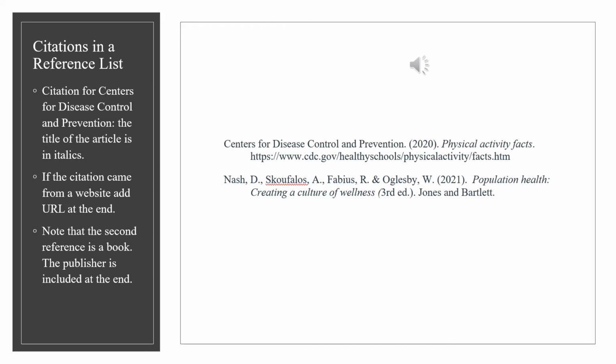I am not going to try and pronounce the names, but we have 4 authors. Following that, the year, and then the name of the book. Following that, the edition, in this case 3rd edition, in parentheses, then a period, and the name of the publisher, which is Jones and Bartlett.